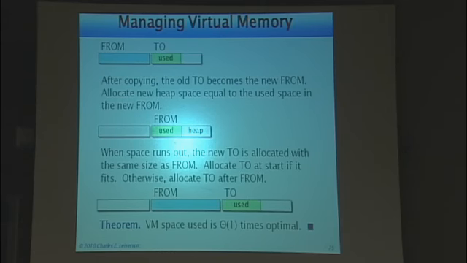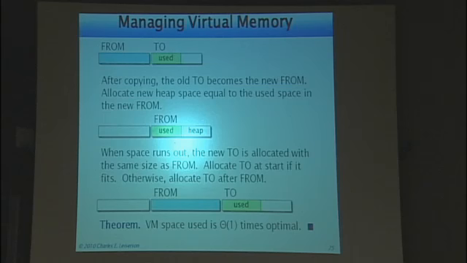So at that point I make the old to become the new from. So here's the new from. This is available space. And now what I do is I extend this space, if necessary, to make the new heap space that I'm going to allocate out of equal in size to the used space.